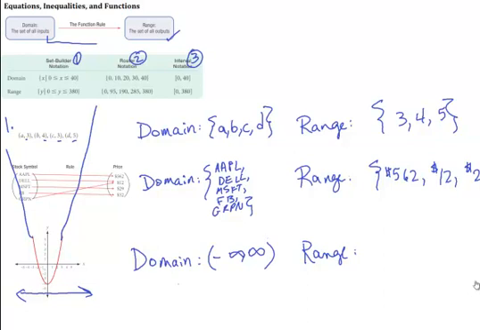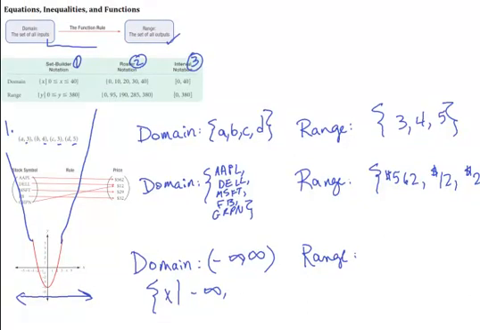So if I want to put it in set builder notation, I would have to write a set of all x such that we're going from negative infinity to infinity. Another way would be to say the set of all reals, but this will work for us.